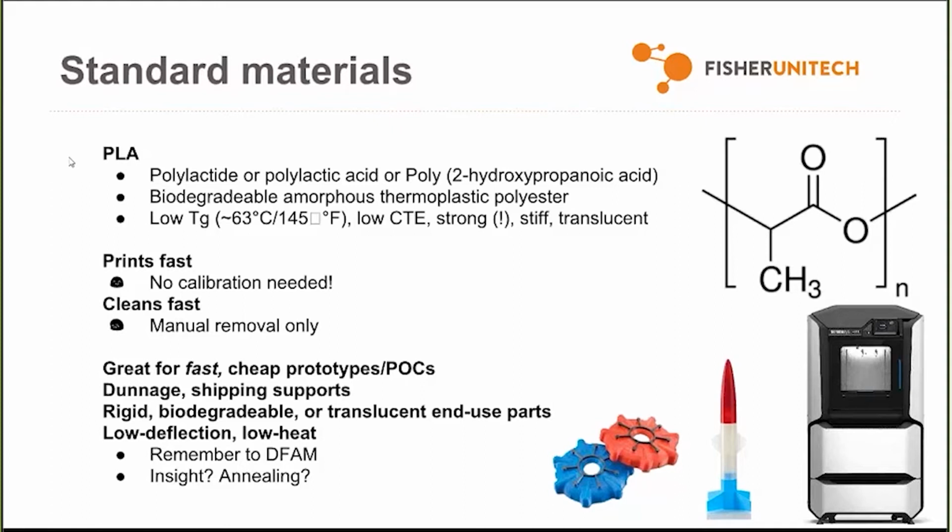And once you do that, you elevate the mechanical properties by 20 to 30%. The heat deflection temperature increases too. So overall, PLA is really a pretty versatile material. That's why I spent so much time on it.